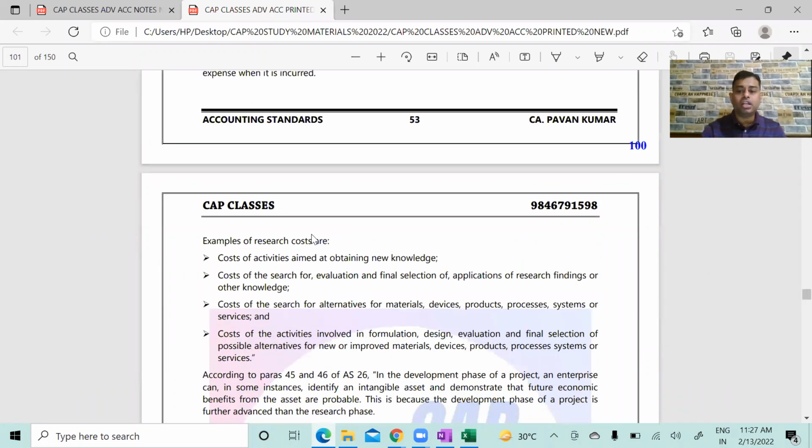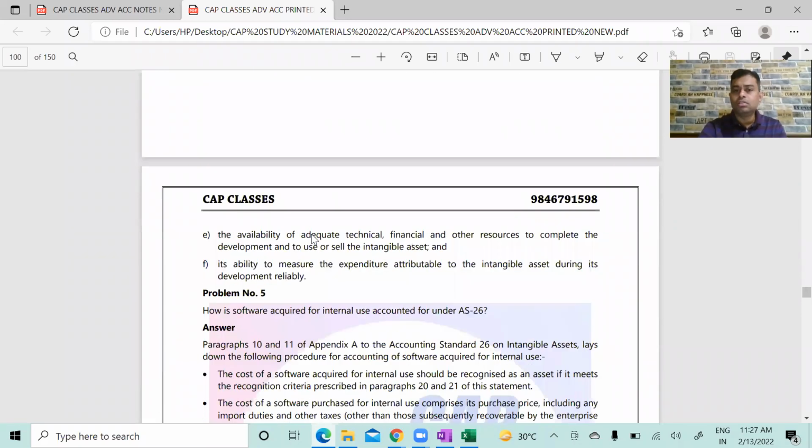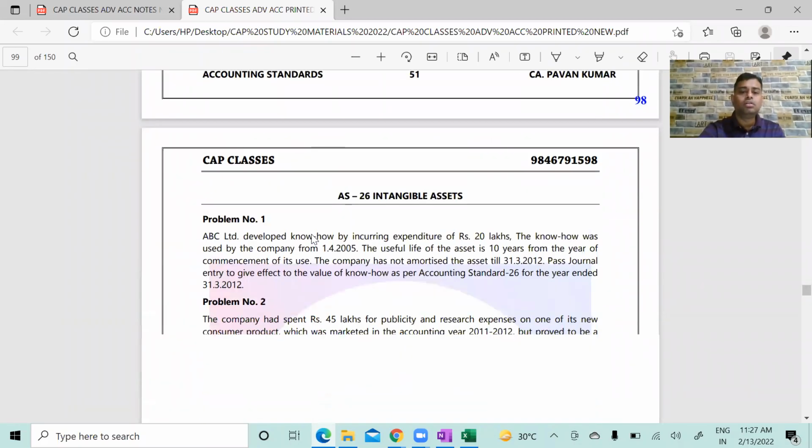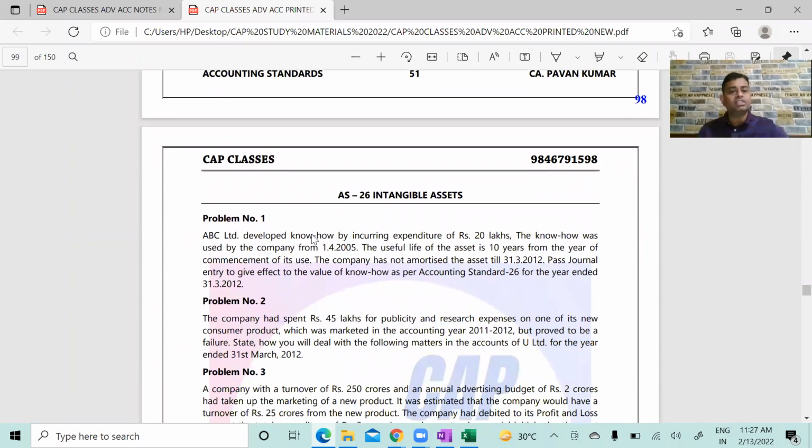Page number 43. Oh, but in my book this is 53. In my book it is 43, 52 it is. In the PDF, it is 99.